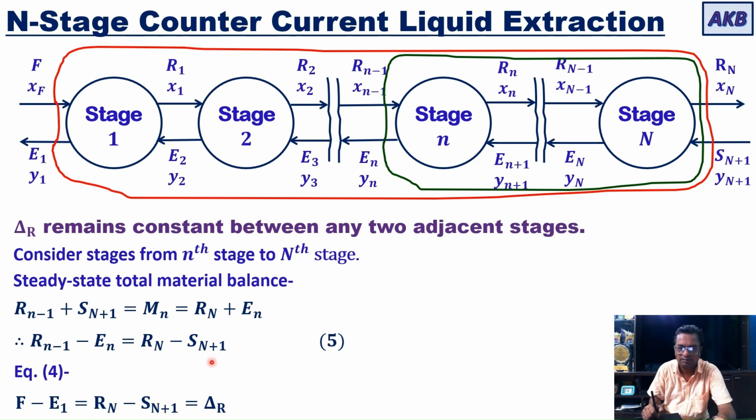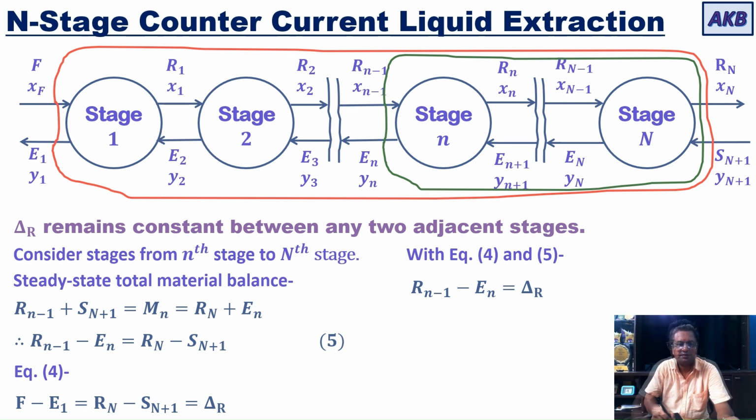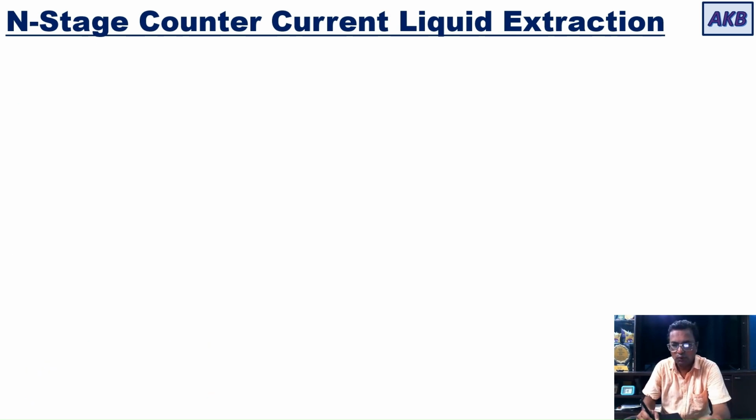That is, Rn minus Sn plus 1 is nothing but delta R, which suggests that if you use equation 4 in equation 5, you can get R small n minus 1 minus E small n equal to delta R. That is the difference in flow between any two adjacent stages. It is delta R. Thus we have proved that delta R is constant between any two adjacent stages in the cascade.